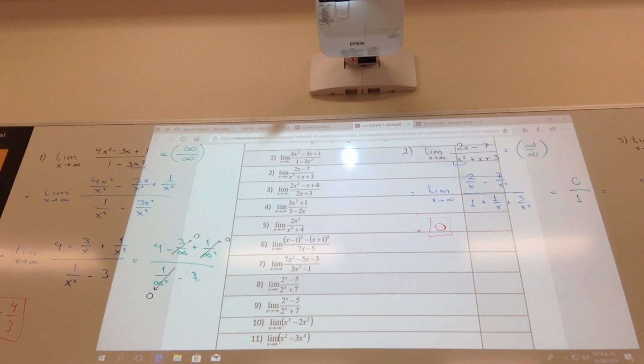In this case, yes. But not in all cases, because that depends on the degrees of the powers.